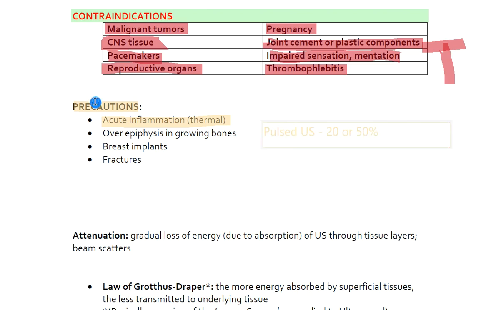Another thing you're looking at is overemphasis in growing bones. So we know that typically this tends to be around 15.5 for females and around 17.5 for males, but those are just some general ranges. Ultimately, the best way to know if there's a growing epiphysis or not is via radiograph or x-ray and determine is the growth plate closed or open.